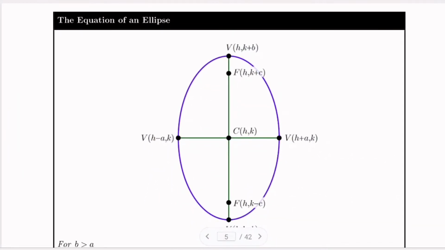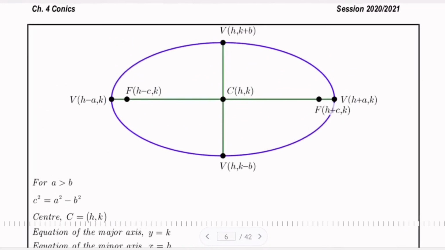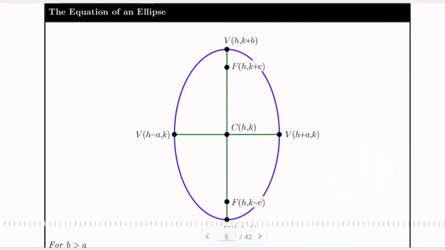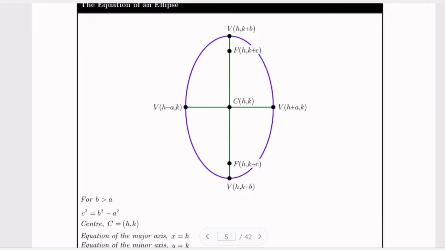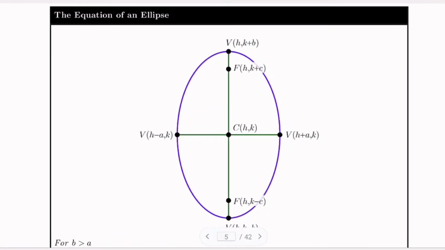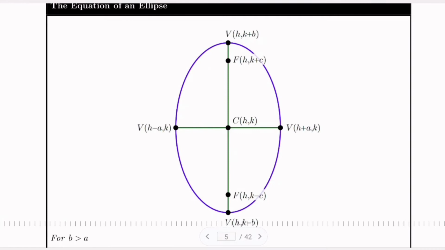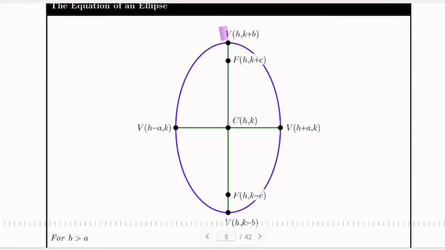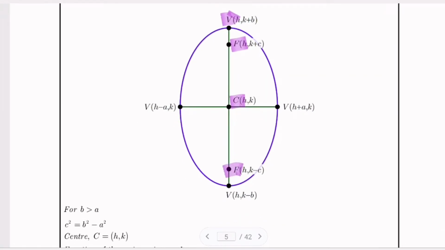So you have two different types of ellipse. The first one is this. The second one is looking like this. Alright? So what is the difference between these two? First, we're going to look at the ellipse. You notice that the ellipse has vertex, foci and center, but it also has foci over here and vertex over here.